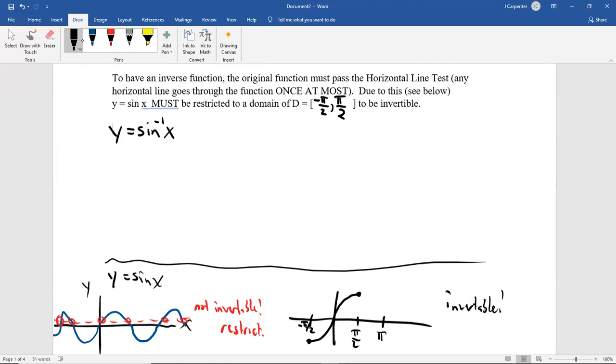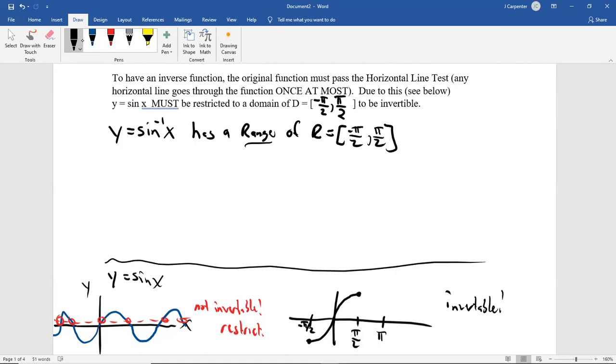So instead of having that domain from before, we'll have a range, which is the Y values, of R equals negative pi over 2 comma pi over 2. The domain of a regular function is the range of an inverse function. The domain of an inverse function is the range of a regular function. They swap. X's of one are the Y's of the other. Y's of one are the X's of the other.